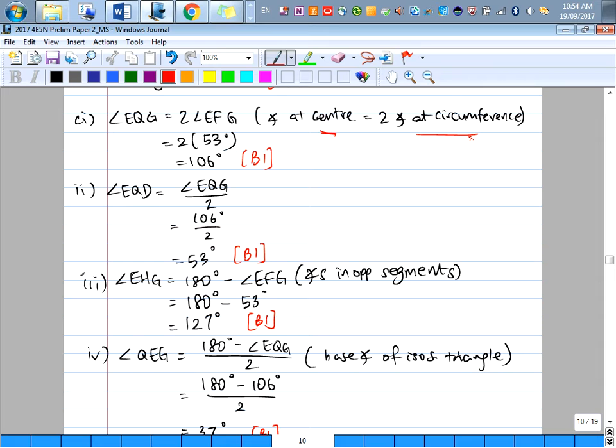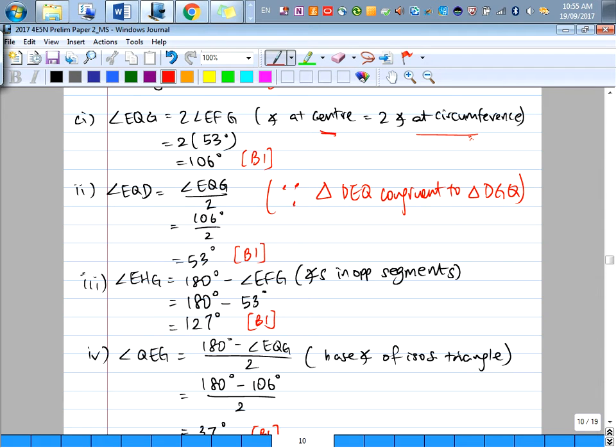EQD is actually half of EQG. Okay, because those two triangles, we have already proven them to be congruent. This is because triangle DEQ congruent to triangle DGQ. That's why we can just divide by 2.